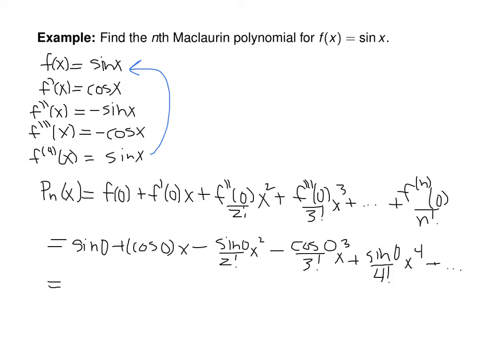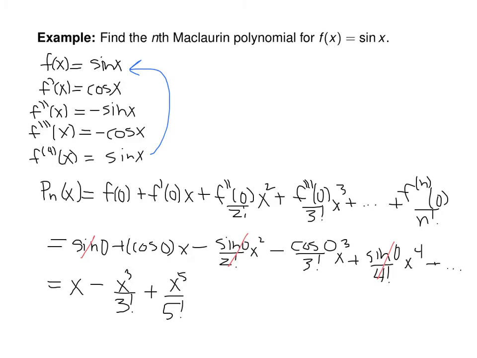So sine of 0 is 0, cosine of 0 is 1, so we have x. So this term is 0, this term is 0, that term is 0. So x minus x cubed over 3 factorial. Next we will have plus x to the 5th over 5 factorial.